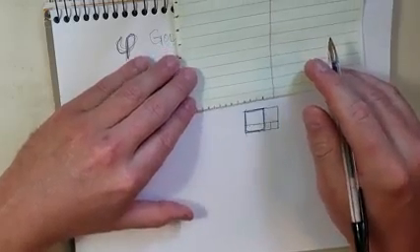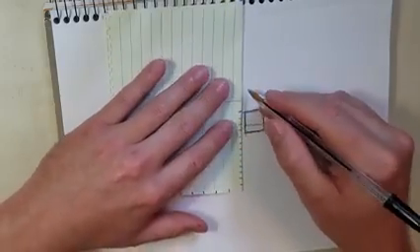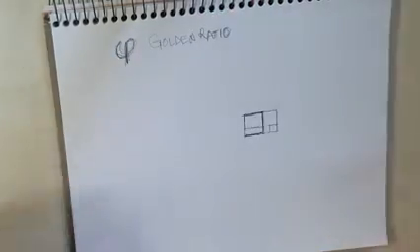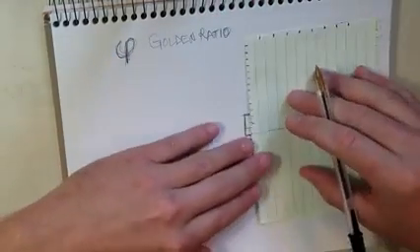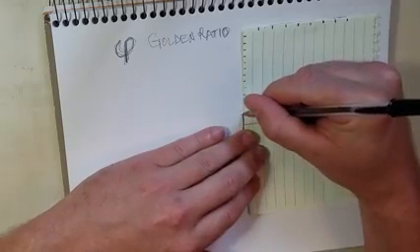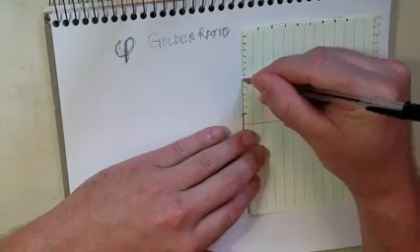And then, let's see, 2 plus 3 is 5. So, let's use 5 units. 1, 1, 2, 3, 4, 5.